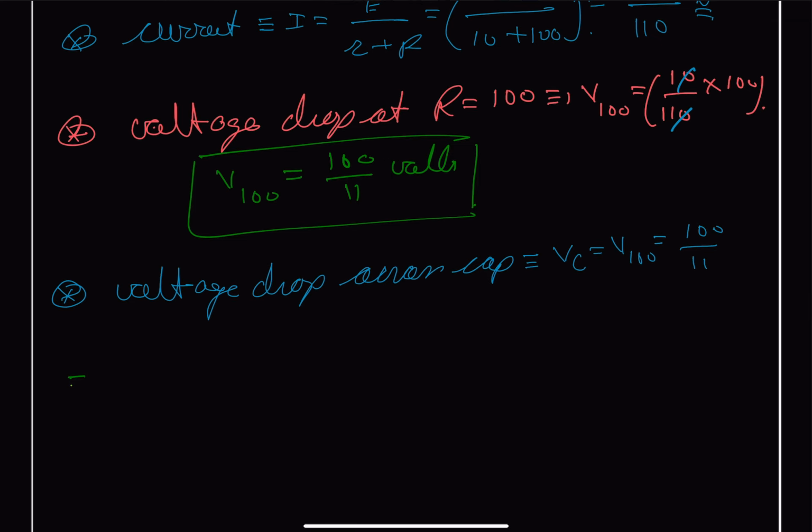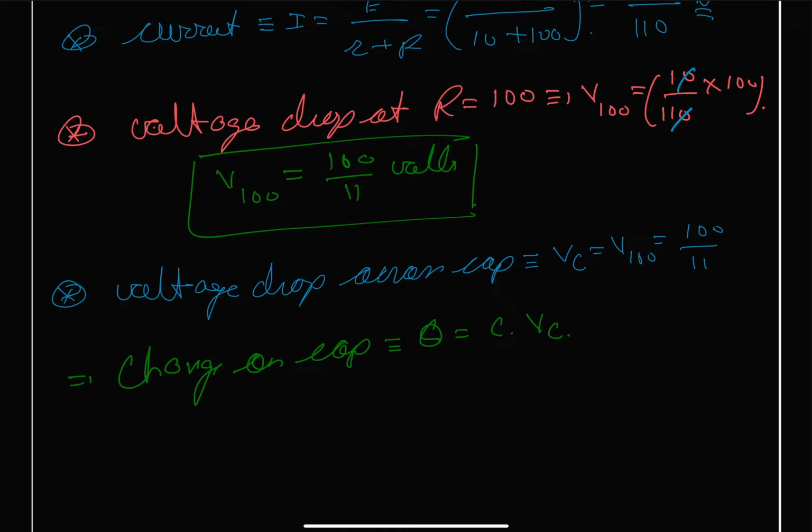Now we can easily find out the charge. So you can say charge on capacitor Q is equal to capacitance multiplied by VC.